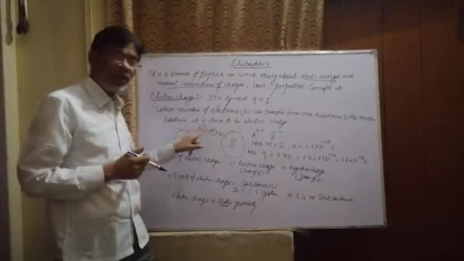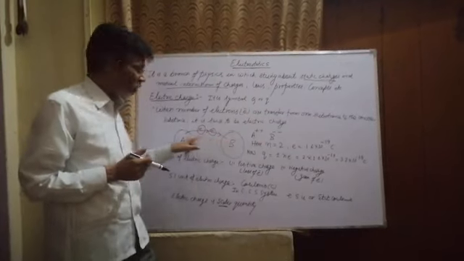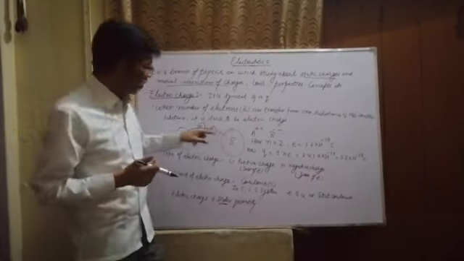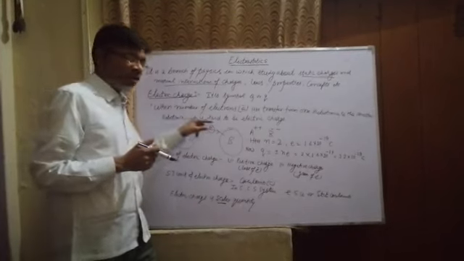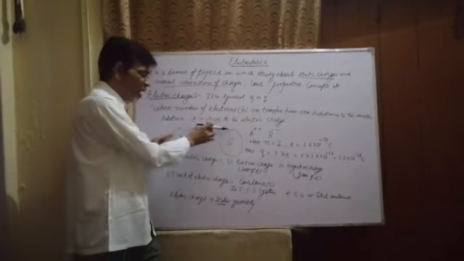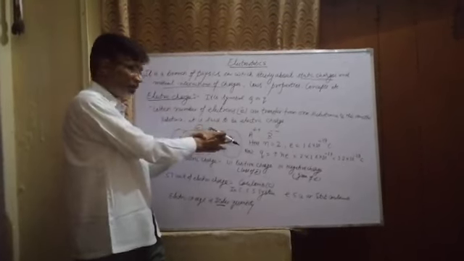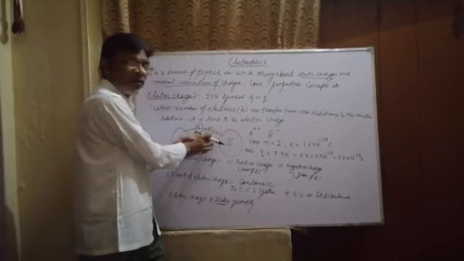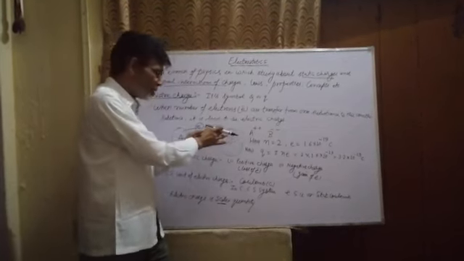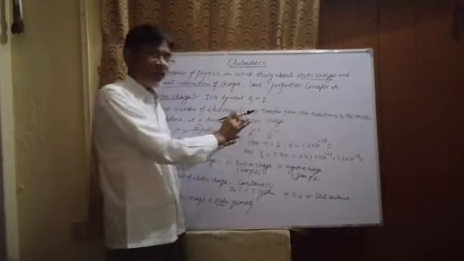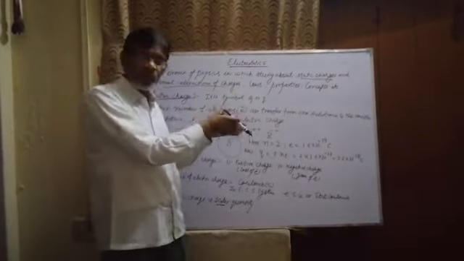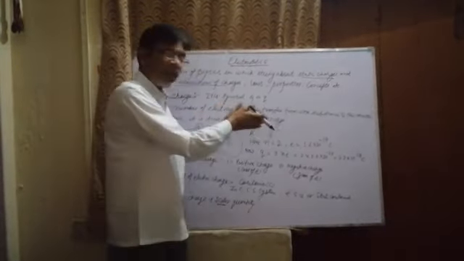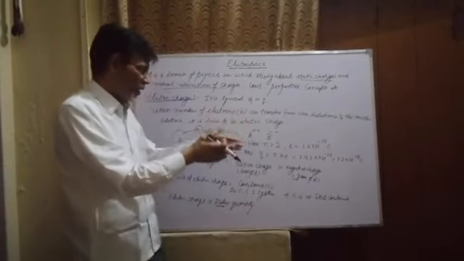Electrons are transferred from A to B because the arrow shows the direction. How many electrons are transferred? 2 electrons are transferred from A to B. It means A has 2 positive charge and B has 2 negative charge.